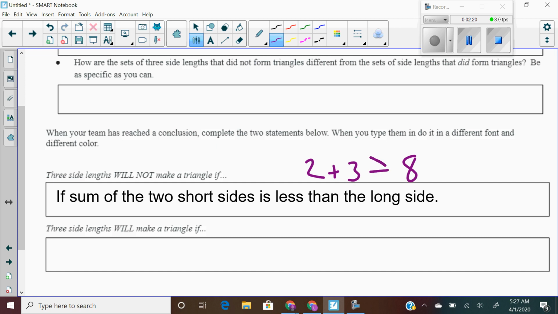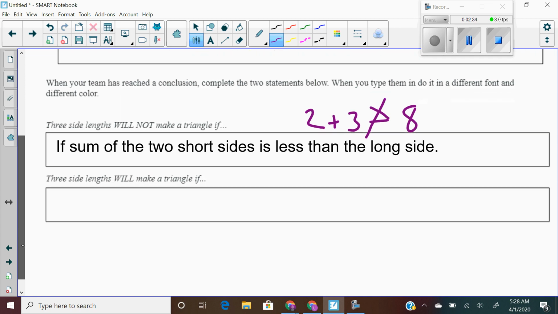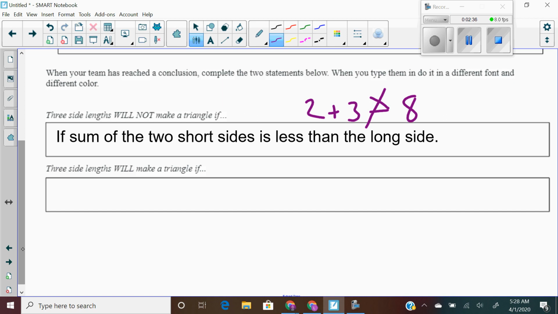Because in order to make a triangle, 2 plus 3 has to be greater than 8, and that is not true. So the two short sides, when you add them together, have to be greater than the longest side. So the three sides will make a triangle, and it's basically the opposite of this.